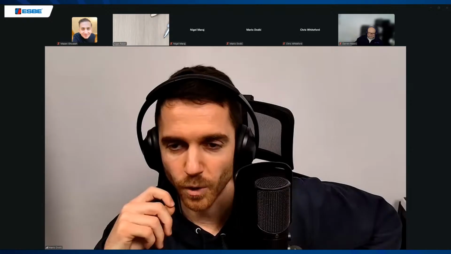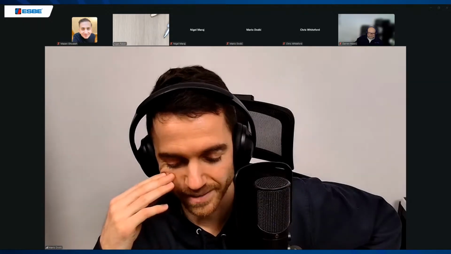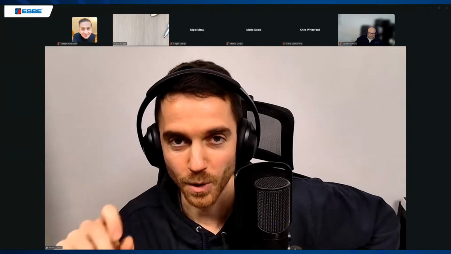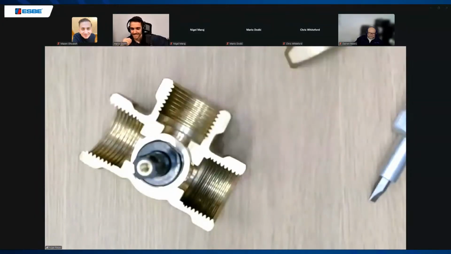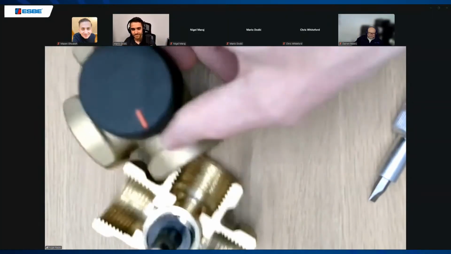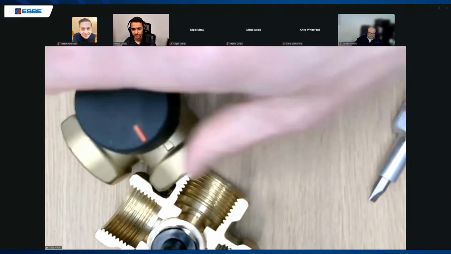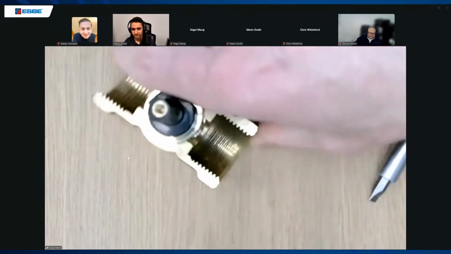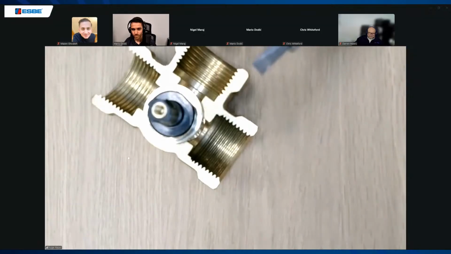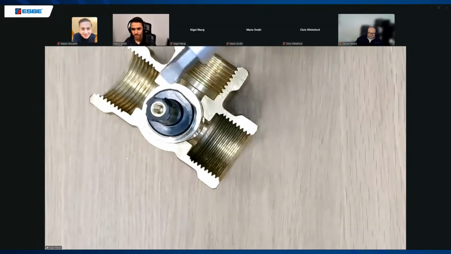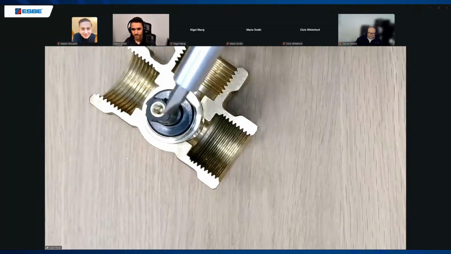Nigel, maybe a good point, what I asked you about: if you remove the cap, how will you know that your valve is all right? So yes, if we remove the red indicator on this spindle here, probably not so good focus, but there are 3 splines on this spindle, and there's 1 spline missing with a small flat here.